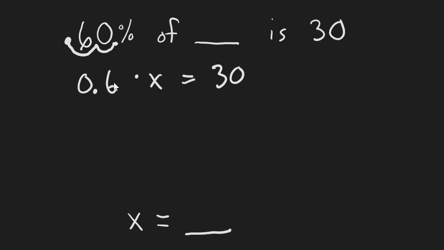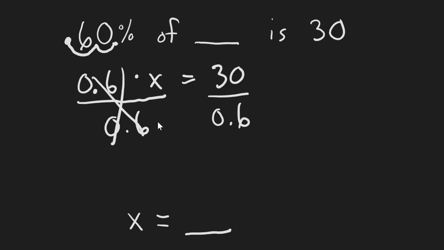Well, 0.6 is multiplying x. So to get rid of the 0.6, we need to do the opposite of multiplication, and we need to divide both sides of this equation by 0.6. And when we do this, now we get 0.6 divided by 0.6 is just 1, and so these cancel out.